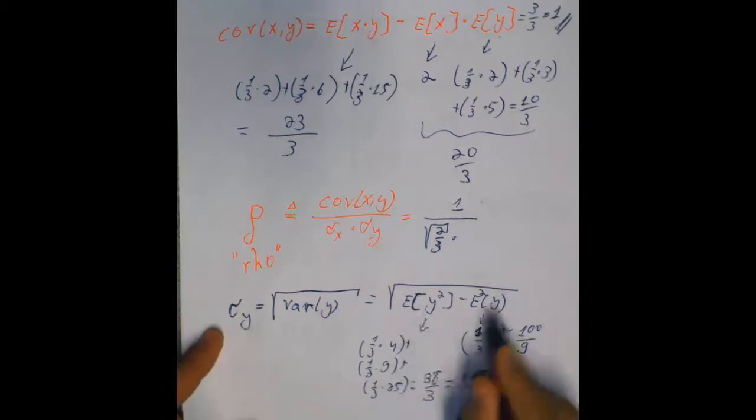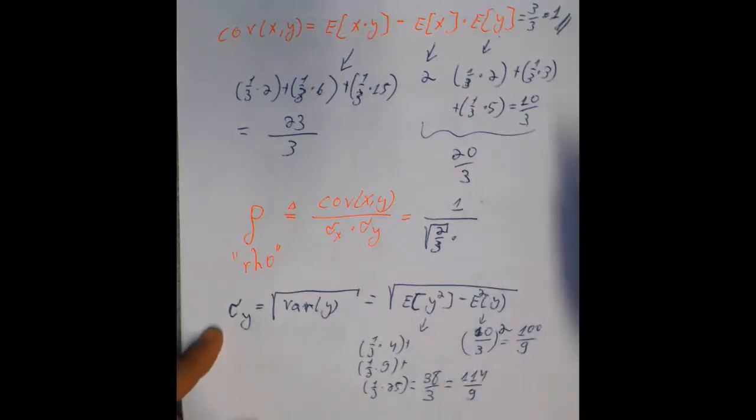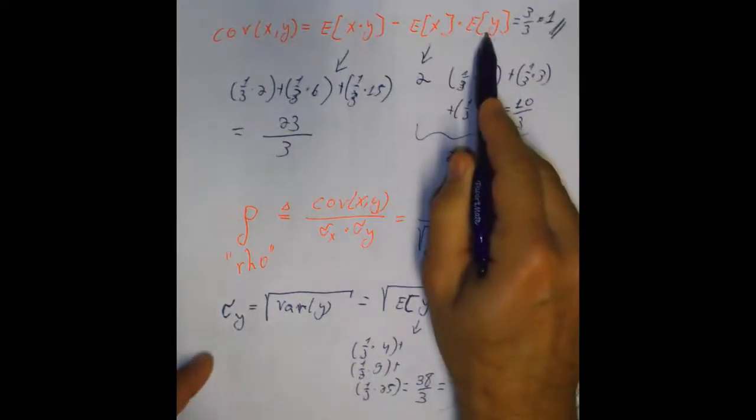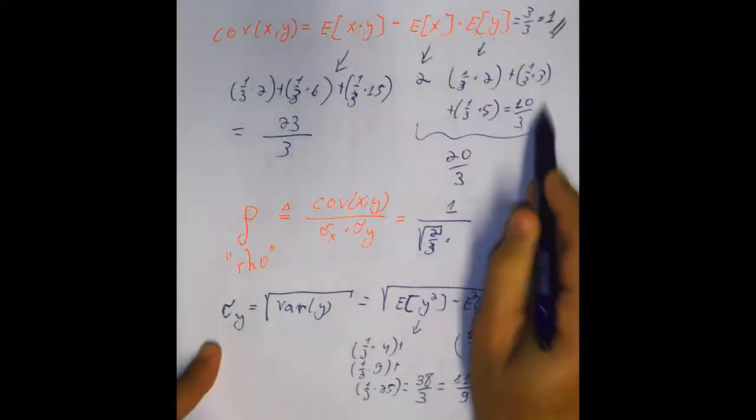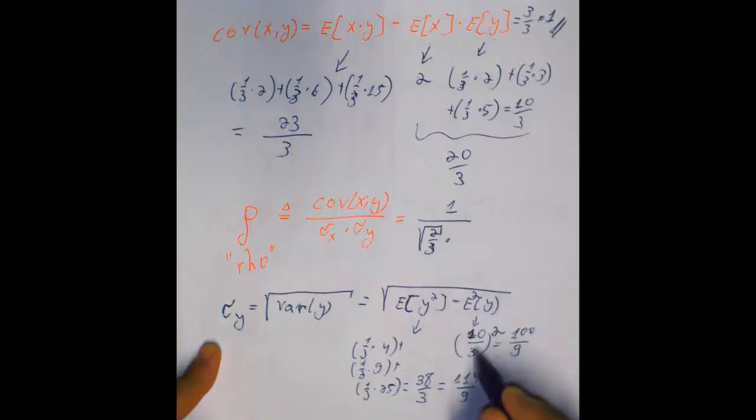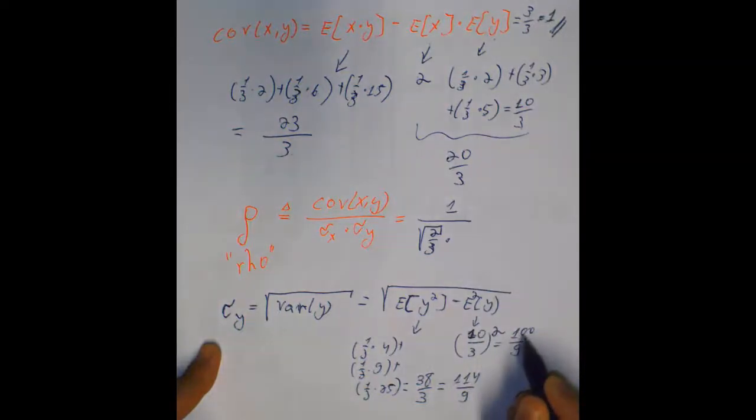So let's work on each and every part. Expected value of y is 10 divided by 3. So 10 divided by 3 squared is equal to 100 divided by 9. Obviously, you square both the numerator and the denominator, so you get 100 divided by 9.